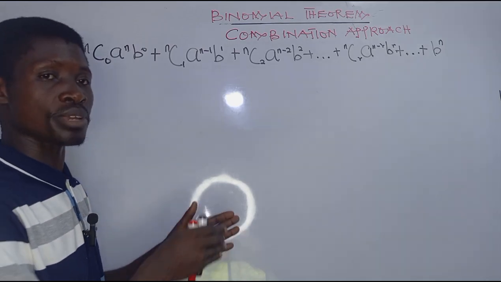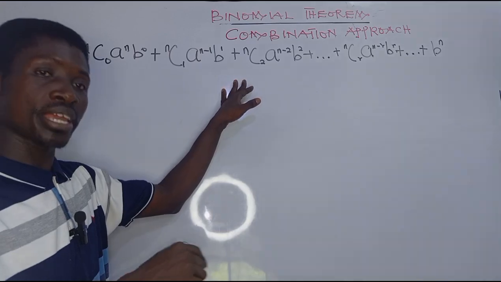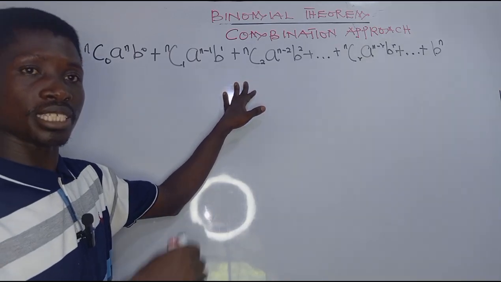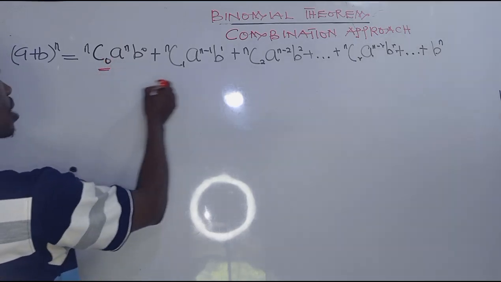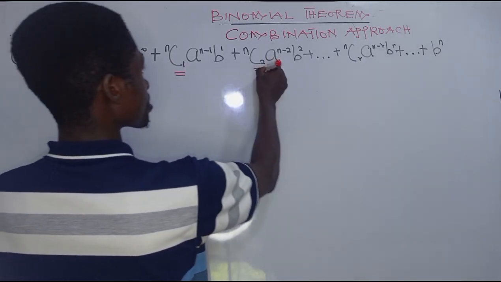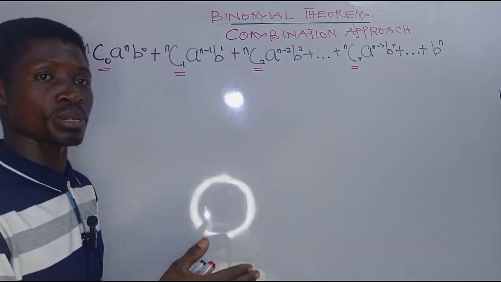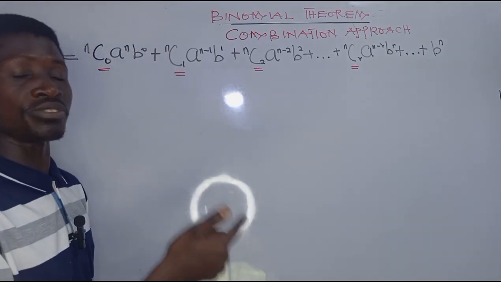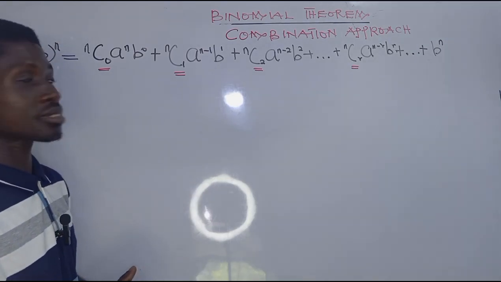Coefficients from the binomial expression. In this formula too, we are making use of the coefficients. The coefficient here is being taken care of by the combinations. So this means that the coefficient from a binomial expression can be generated using the combination approach.